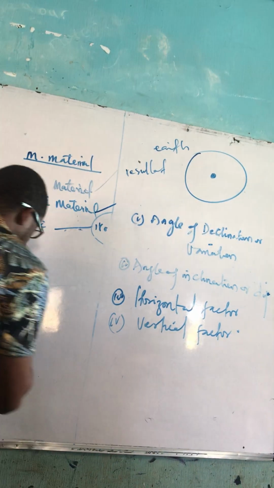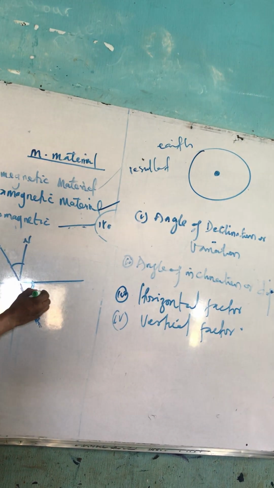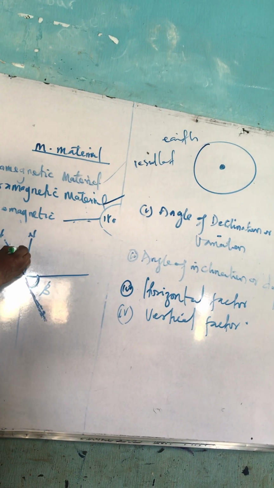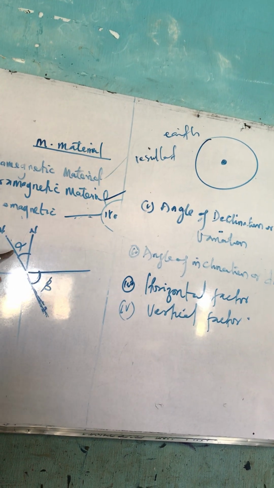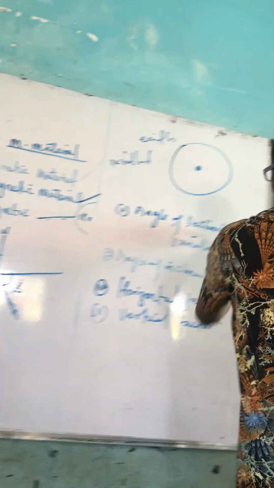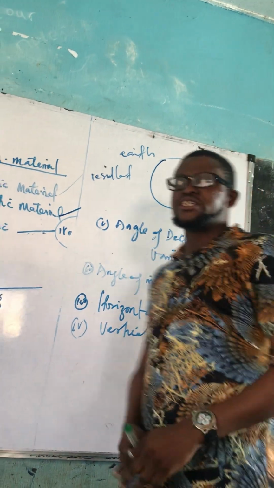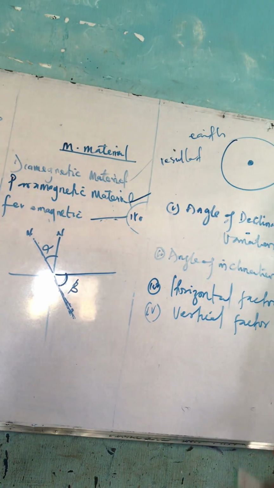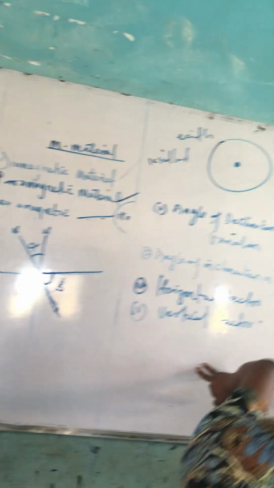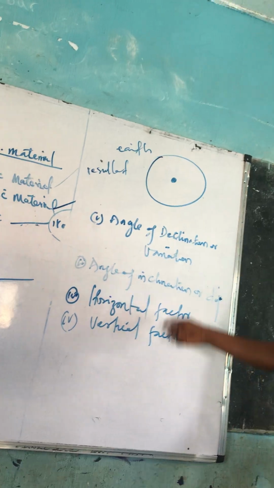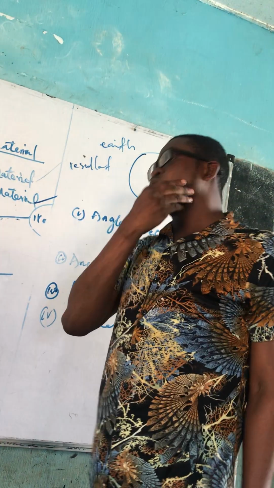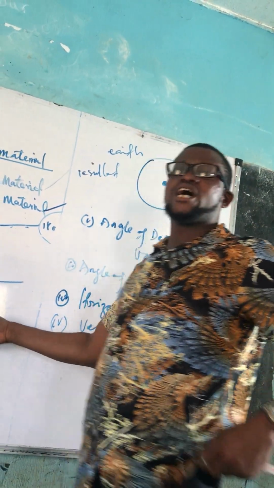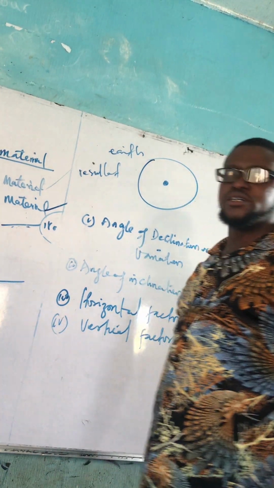So the angle here, let it be beta, and the angle here, let it be alpha. So alpha is the angle of declination or variation because it is an angle formed between the geographical north and the magnetic north. Now beta is the angle of inclination or dip because it is an angle formed between the resultant earth magnetic field and the horizontal.